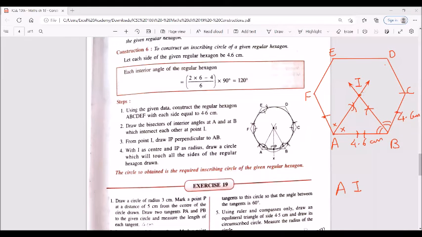This is I. Now from I, what you'll do, you will drop a perpendicular on one of the sides of the hexagon, either ED, DC, BC, AB, whatever. Now my AB is a bit messy here, so I will drop a perpendicular on FE. So what did I tell you yesterday?